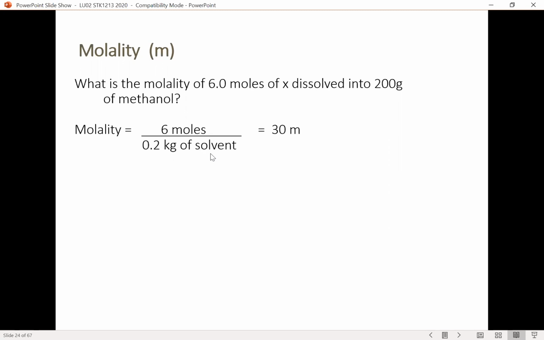So you need to change the unit of the mass of solvent. Here 200 grams, you have to convert into 0.2 kilogram of solvent. And then you get the molality, which is 30 m.